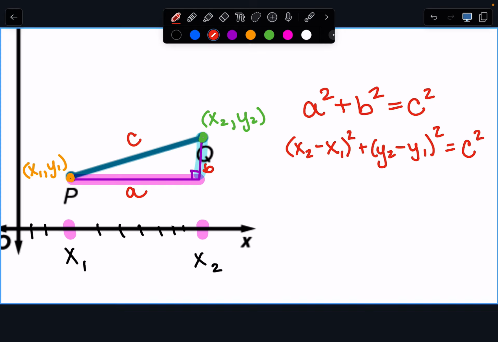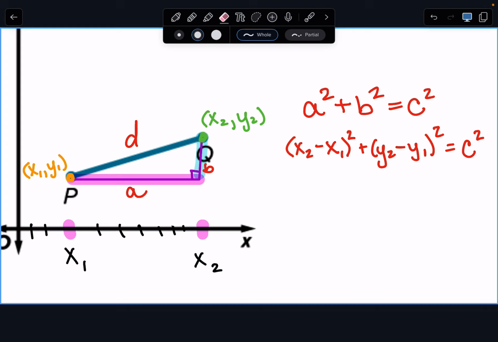Okay, are you okay with what I replaced A and B with? Yeah. Okay, now, I am going to replace C with the letter D.